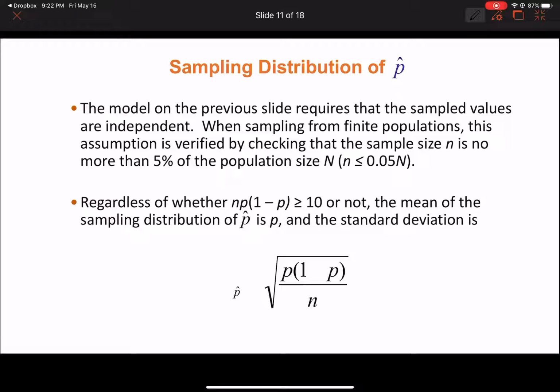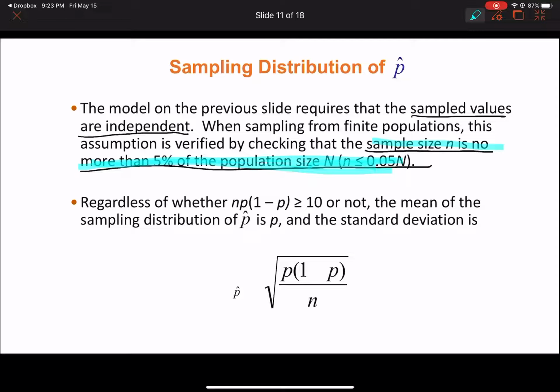For the model on the previous slide, we require that our sampled values are independent. When sampling from a finite population, we can assume that the sampled values are independent if the sample size n is no more than 5% of the population. So whatever population we're using, our sample size n cannot be larger than 5% of that population.